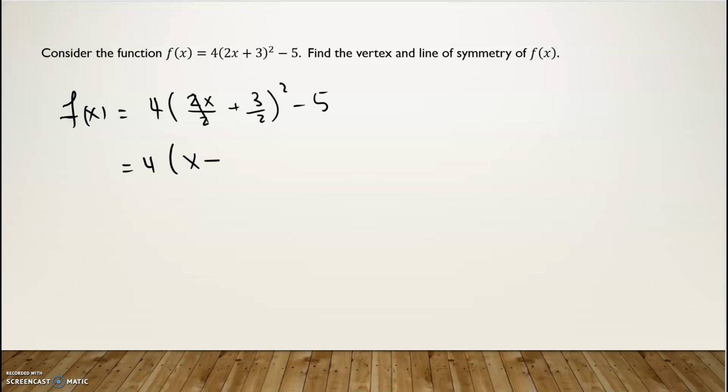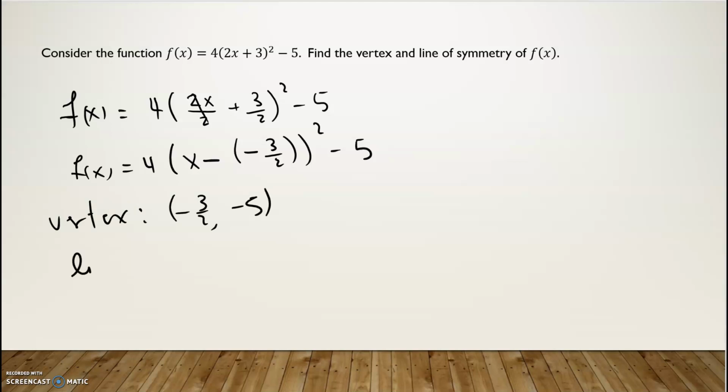I'm going to make a negative here, which means this would be negative 3 over 2 squared minus 5. So then our vertex would be negative 3 over 2, negative 5. And our line of symmetry would be x is equal to negative 3 over 2.